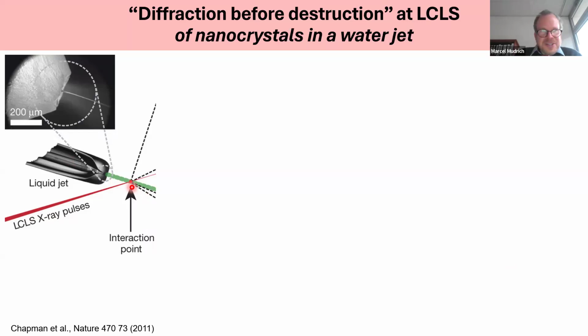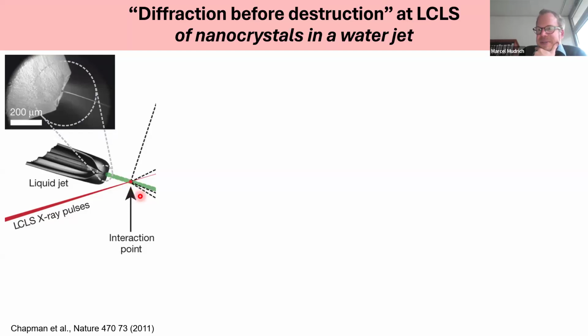Actually, they do not exist in nature. But many people are interested in things like proteins or viruses, biological systems that are very prominent in nature and very important.